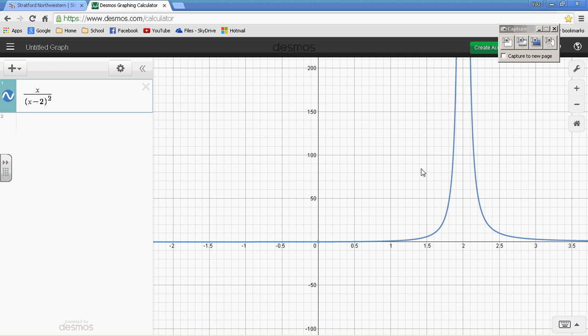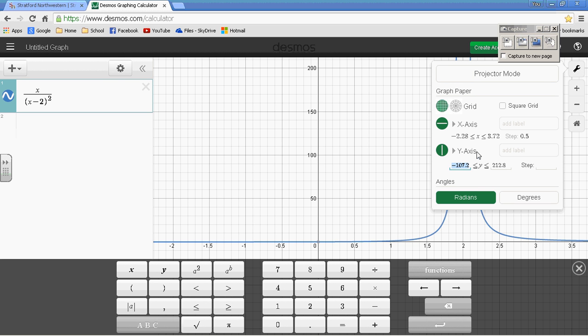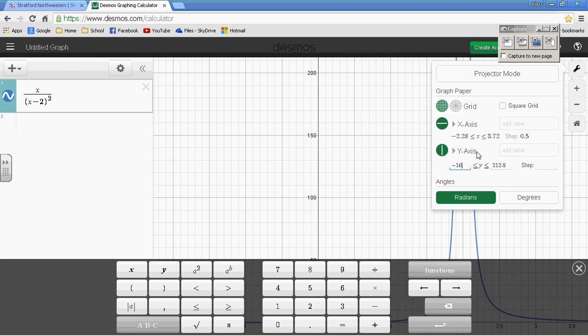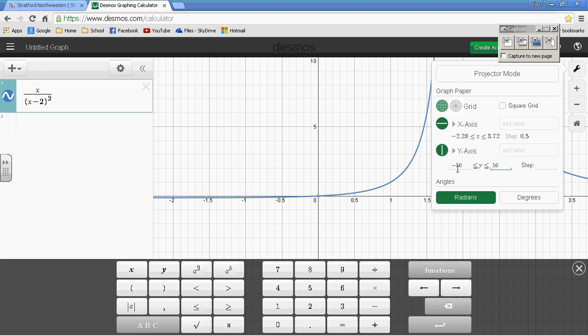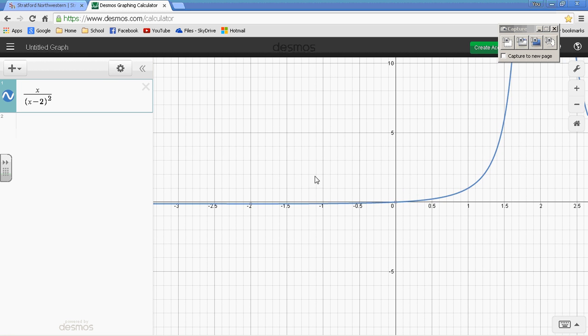Hard to see what's going on because we're so zoomed out. Let's make this maybe minus 10 to 10. Hopefully we can see. Where do we say the minimum was? Let's zoom in even closer.